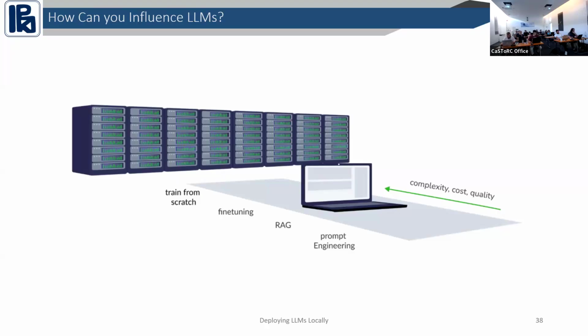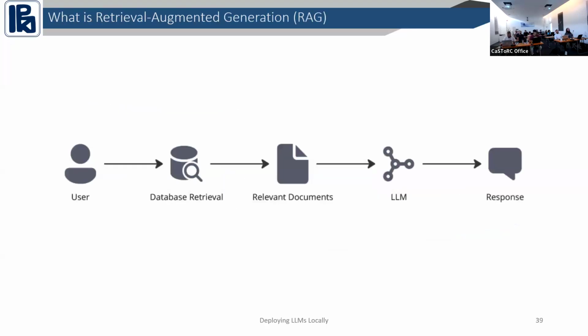And then you can fine-tune the models as well. So you can perform a few iterations of training so that the models will be updated with your own data. And you're increasing complexity and cost as well. Or you can train from scratch, right? The first few you can do on your laptop, and for the last two you'll probably need a supercomputer. Okay. So these are the different ways you can influence the LLMs.